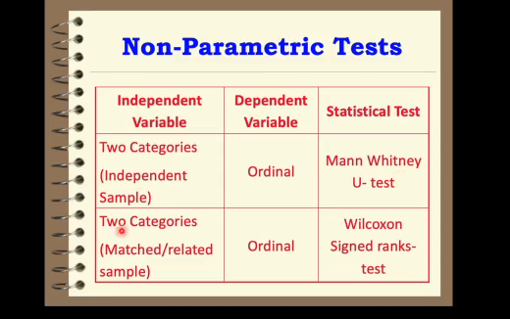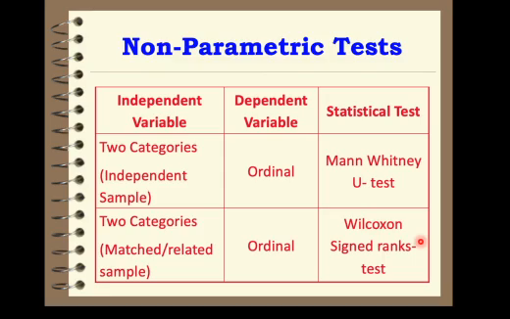Now, if we have 2 categories, meaning you are talking of the same sets of participants, you measure them twice, and the dependent variable is ordinal, then the statistical test to use is a Wilcoxon Signed ranks test. And if the dependent variable is quantitative ratio, then the statistical test to use is a paired t-test.